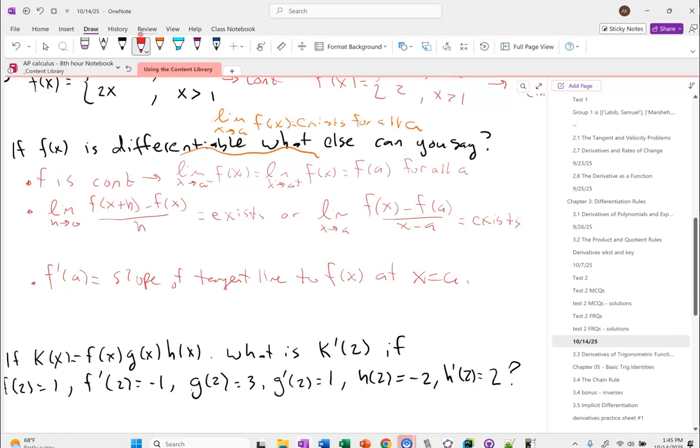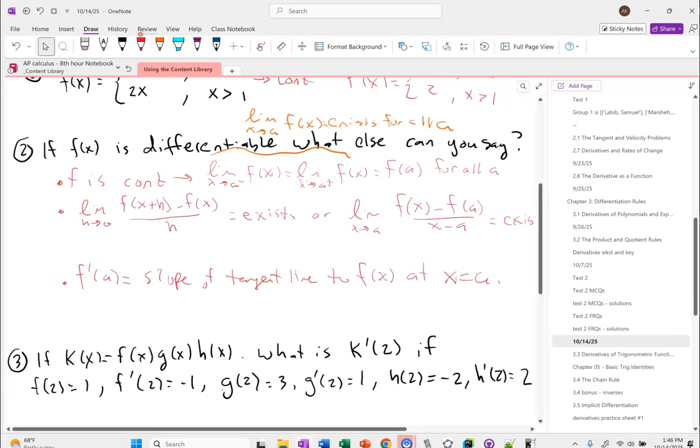Yes, sure. So you can say if the function is differentiable, then it has all non-vertical tangent lines. You could say that for sure. Does that feel okay? That's a good chunk of stuff.